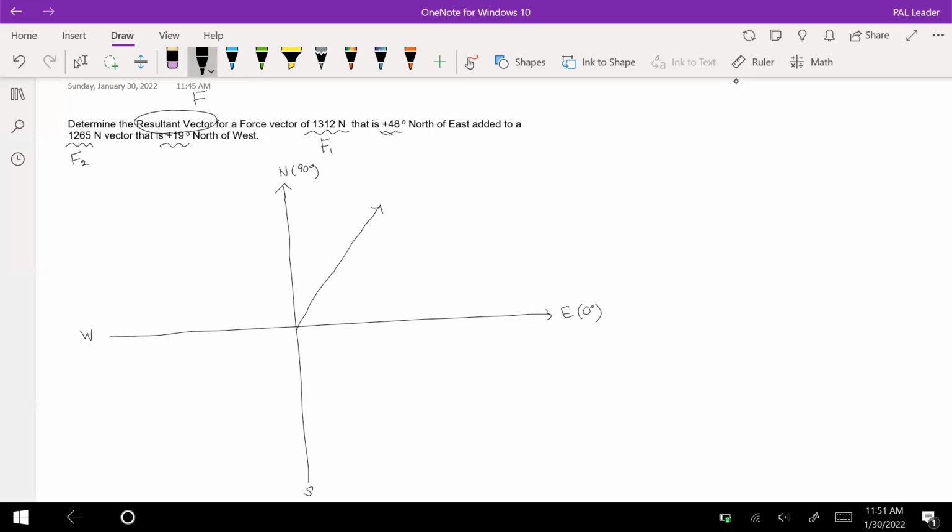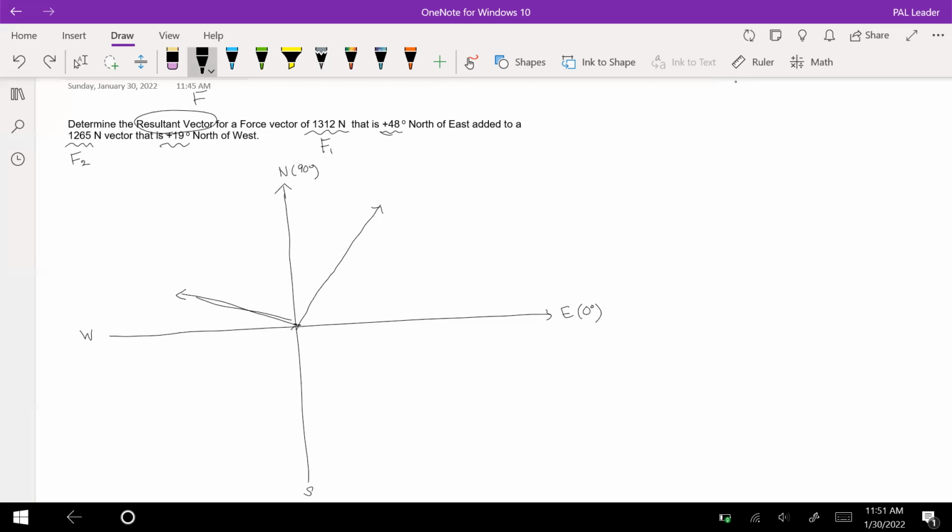This time I'm going to do it so these both originate from the origin. But if you'd like to, you can write F2 starting from here. It's going to go like that. But if you want to, you can write this line coming from here. Okay?